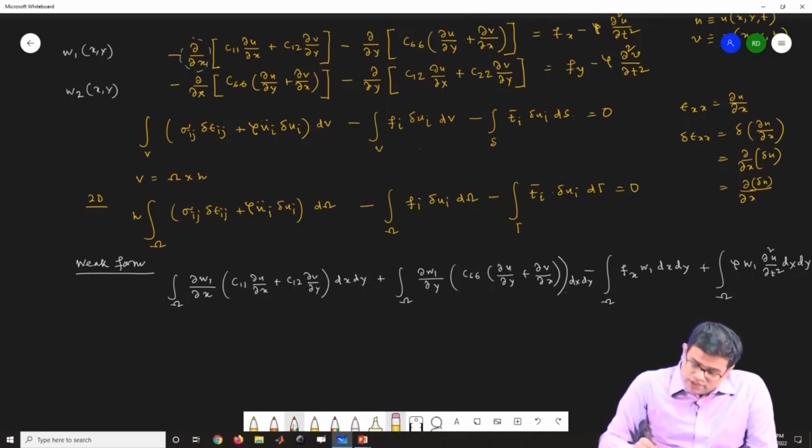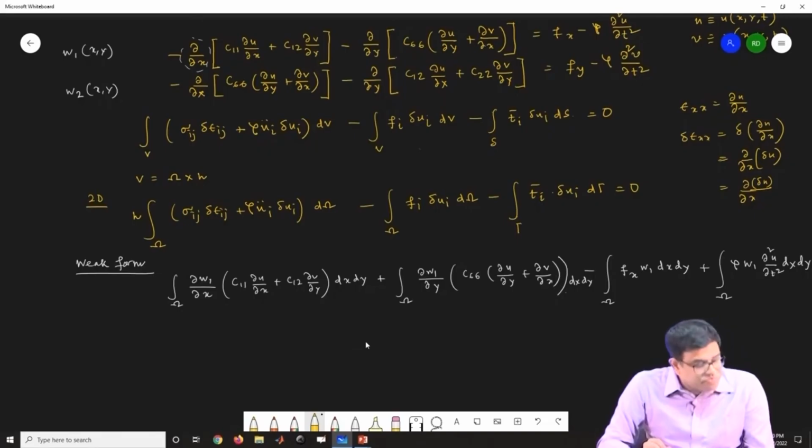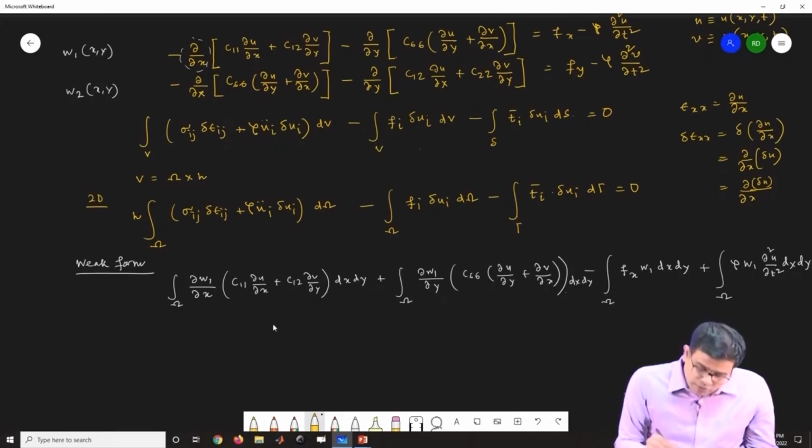So this is the volume quantity, and then we will again have the boundary term that automatically pops up from the integration by parts. So what will happen to the boundary term? Now the boundary term will again be minus, over gamma.